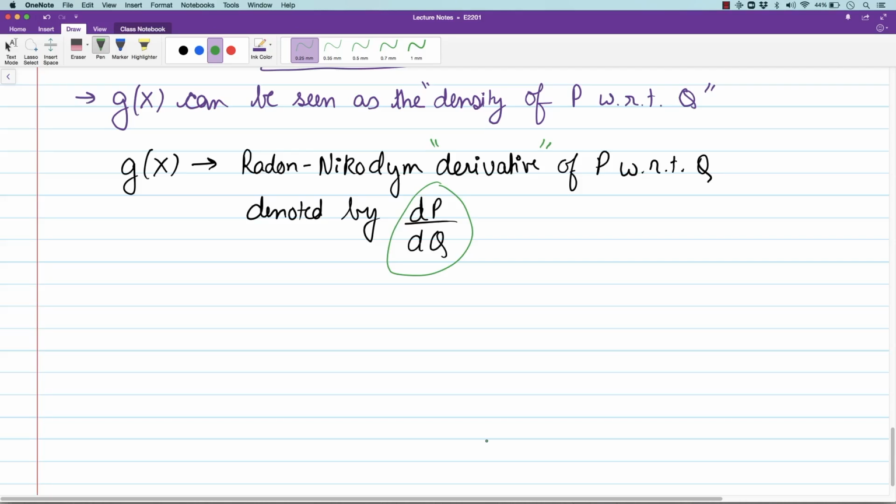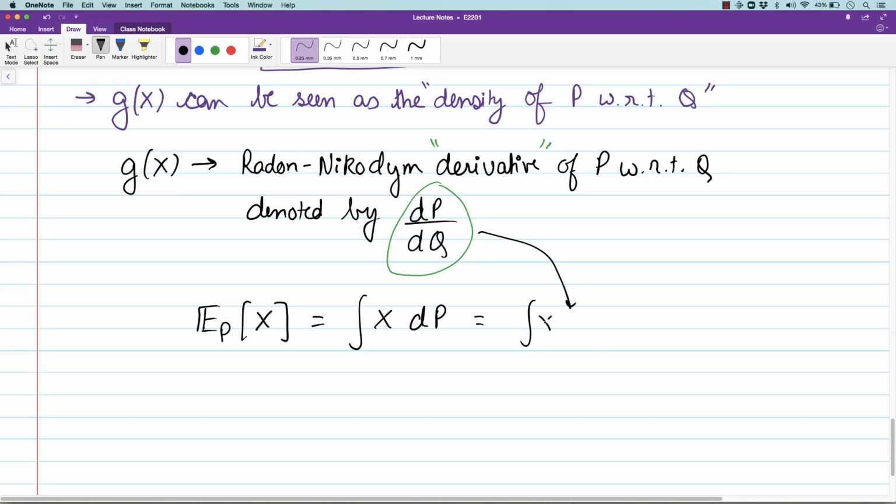Here is the reason why this notation is handy. When you are taking the expected value with respect to P of some random variable X, one notation you can use for it is the integral of X dP. That's like integrating this function. Remember, random variables are functions in formal probability. So you're integrating this function with respect to the probability measure dP. And now, as I said, we can convert it to an integration with respect to Q by multiplying with this density.